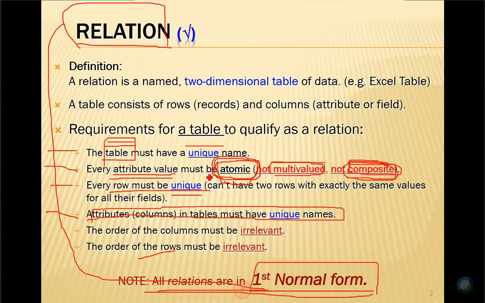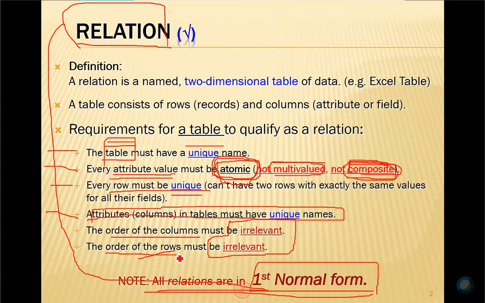And then attribute values should be atomic. And there are two things that should be irrelevant: the order of the columns and the order of the rows. The first column can be first name, then last name, then ID, or I can start with first name, then ID, then last name.